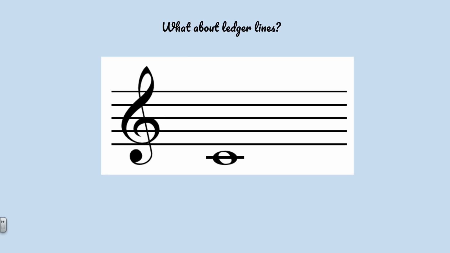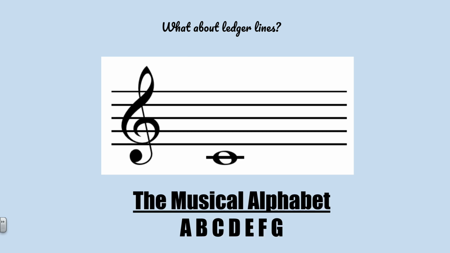The easiest way is to find the note that is closest to it that we know the name of. So here's our musical alphabet. We know that that first line is E. Every good boy deserves fudge. So if we identify E in our musical alphabet, we know that this unknown note is below E. So we will go backwards in the musical alphabet.